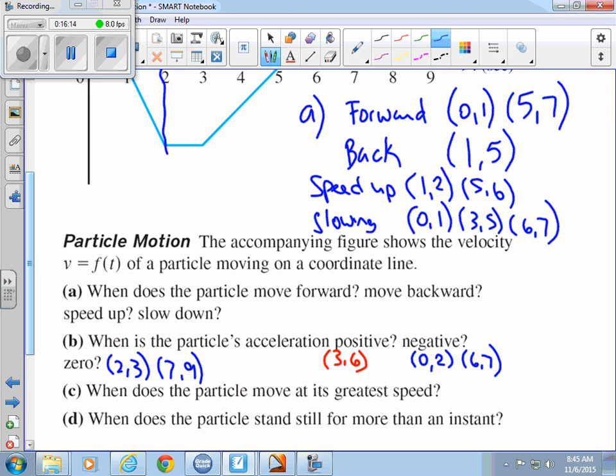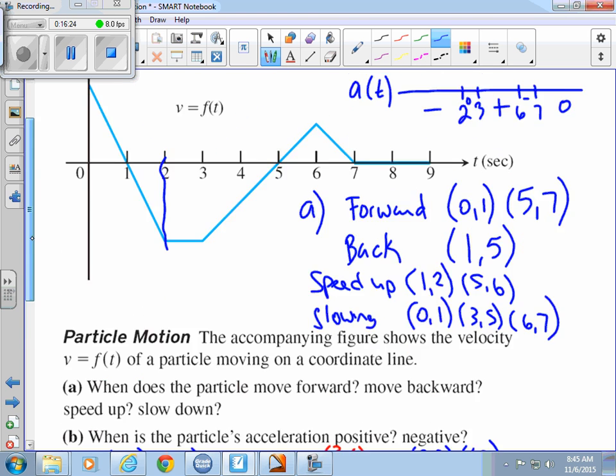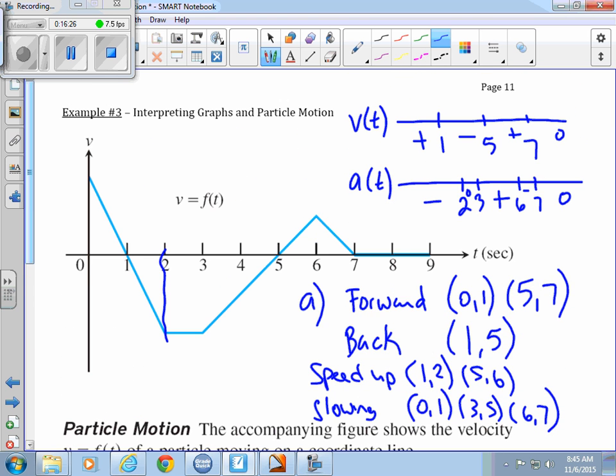When does the particle move at its greatest speed? It might be nice if you already had that speed graph drawn, right? That was quite handy. I erased it. I might want to put it back. Now, I can see an argument on this one. Which one looks taller? That one or that?